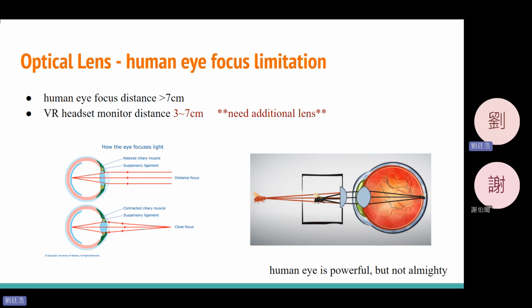So we actually need an additional lens after the VR headset monitor and before our human eye for us to focus on the monitor, or else we cannot see the proper image.